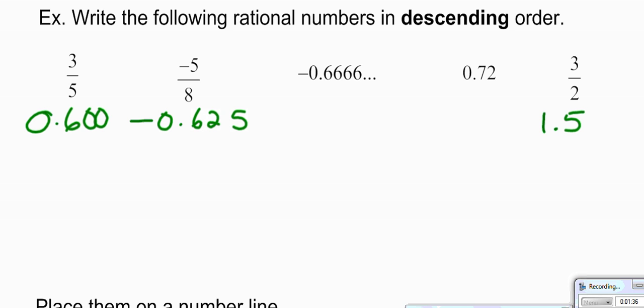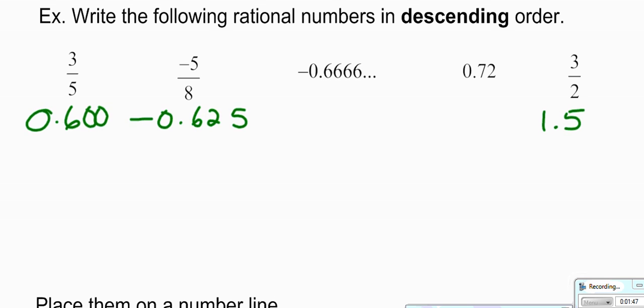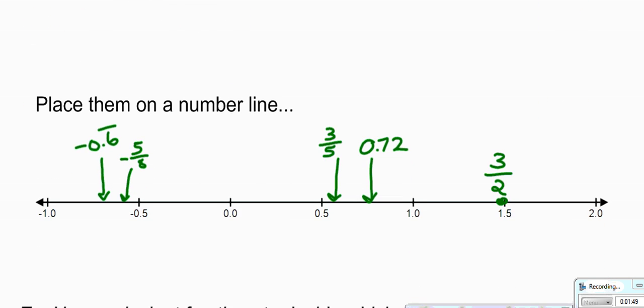So we need to put these on the number line, keeping in mind that if it's an exact value, I'm going to put an exact dot, and if it's an estimate, I'm going to use an arrow to show its approximate location. So if we go down to the number line, your number line should look something like this.